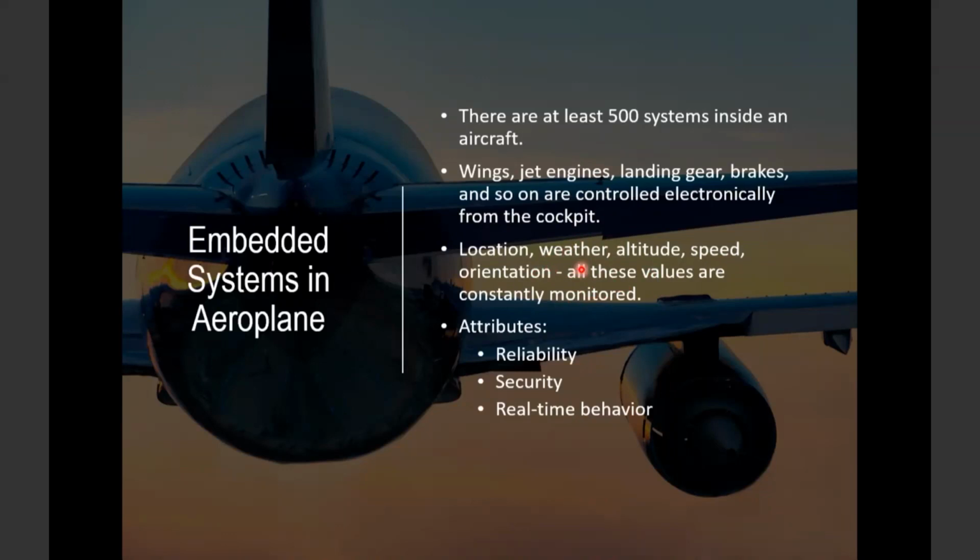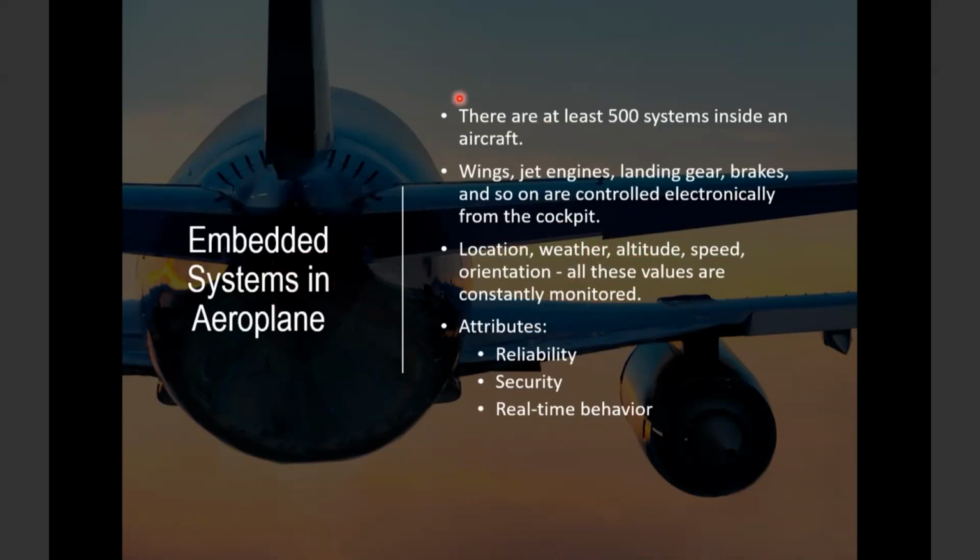You can click on your monitor and check the weather, the current altitude, the speed of your aircraft, the remaining distance to your destination, and the estimated time of arrival. All of this is used and embedded under an embedded system.